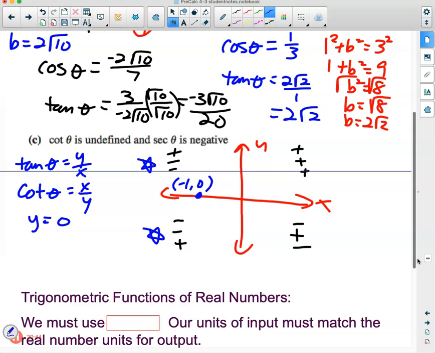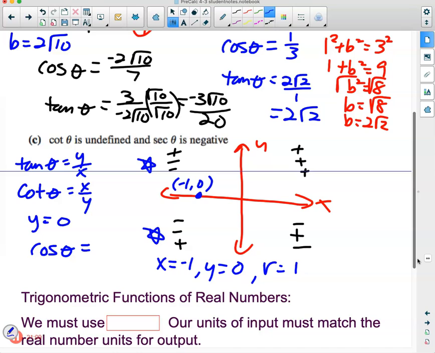And this time, because it's quadrantal, we have to think about our little formulas. Y over r, x over r, and y over x. So, cosine of theta. Well, x is negative 1. Y is 0. And of course, we pick that so that r will be 1.